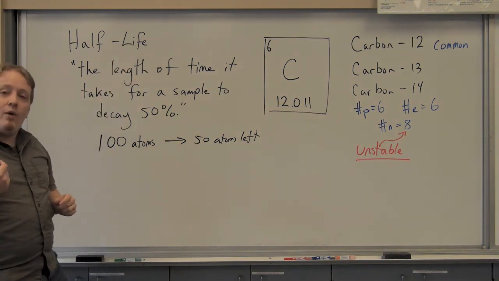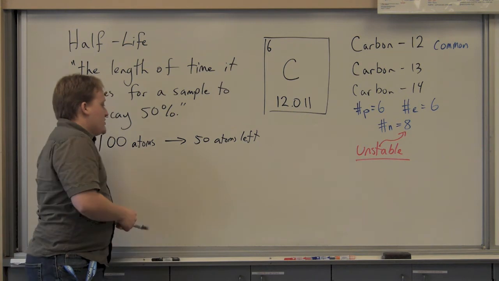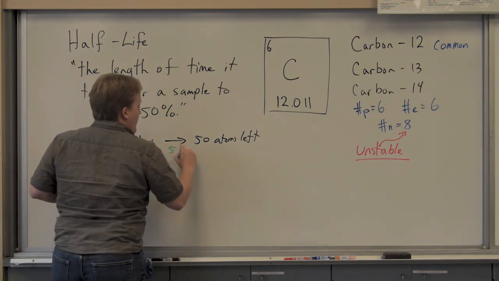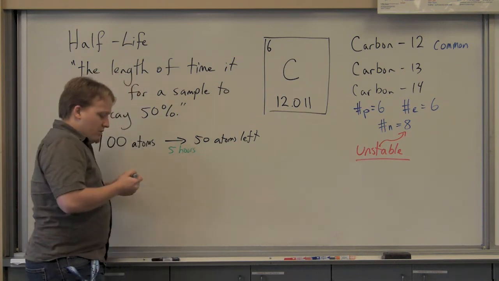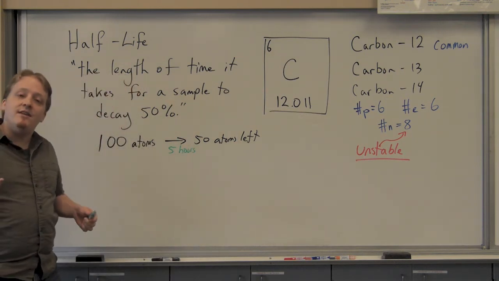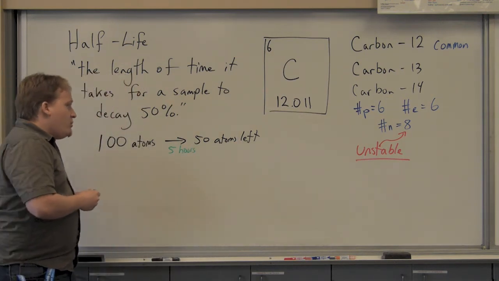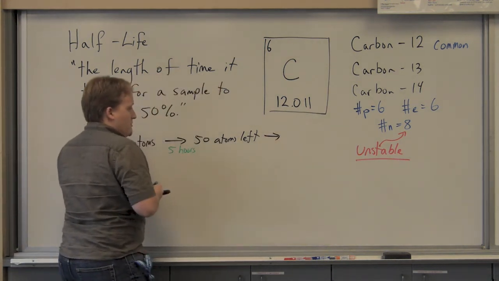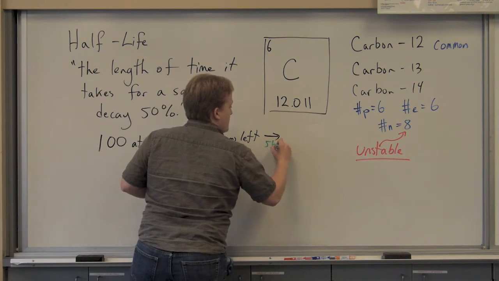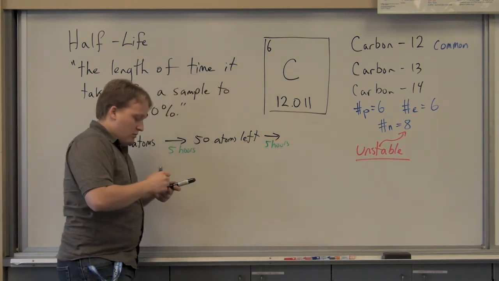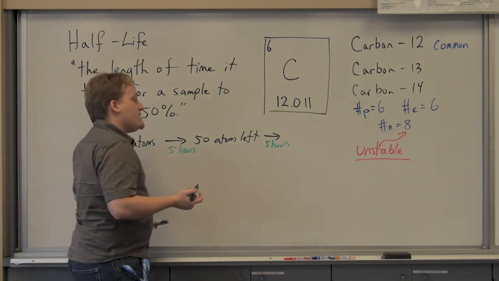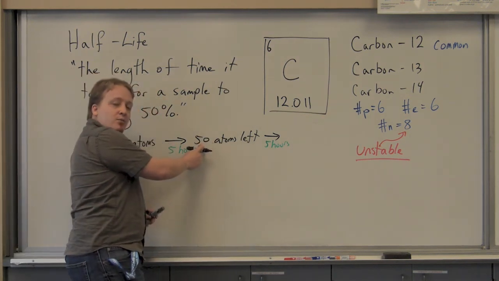So if we wait that same length of time, let's say that this was, for some unknown isotope, 5 hours. Well, after 5 hours, we have 50 atoms left. If we wait another 5 hours, we won't have lost the rest. All we will have lost is half of what was present.